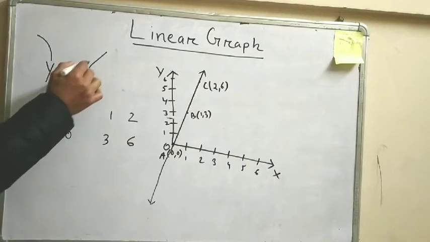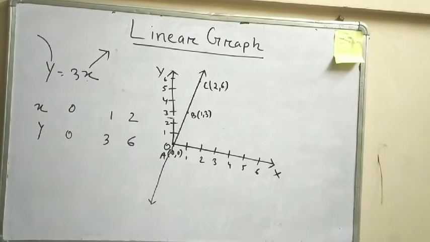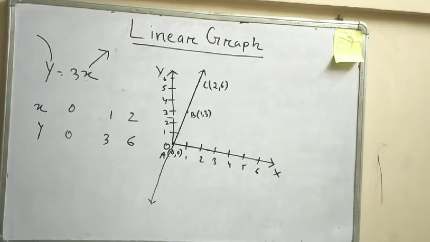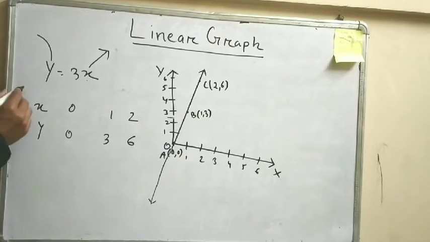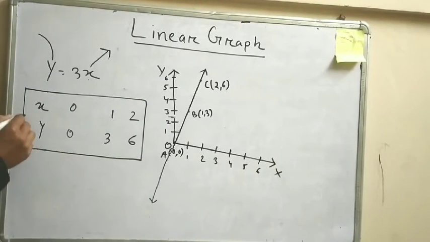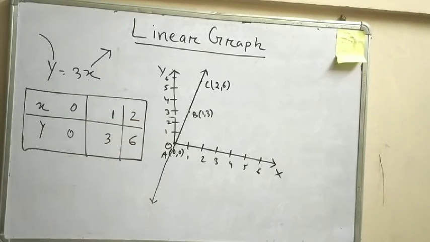That means if we take x as the independent quantity, then the other quantity is dependent on x. Now if you plot these points on the graph paper, you will get this type of straight line.